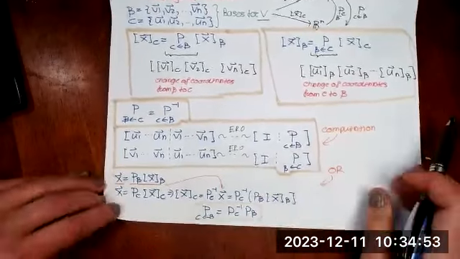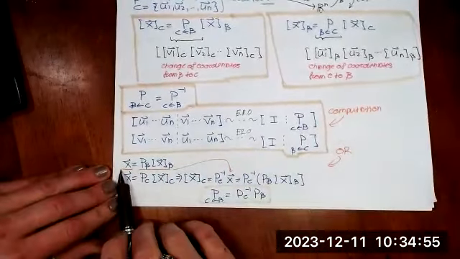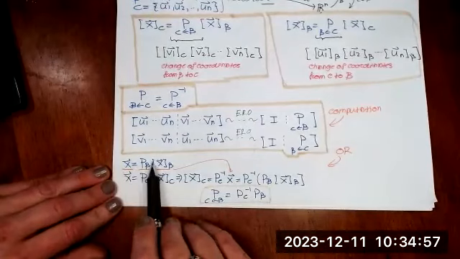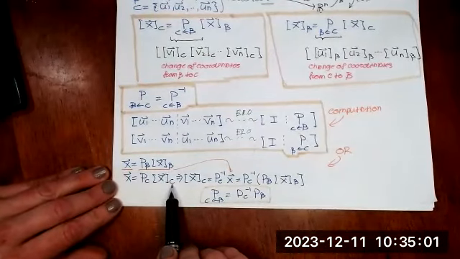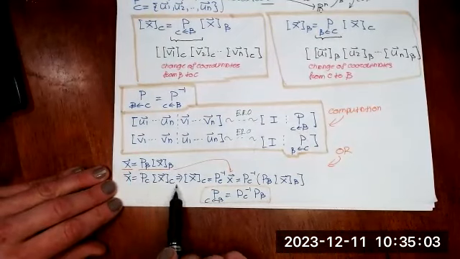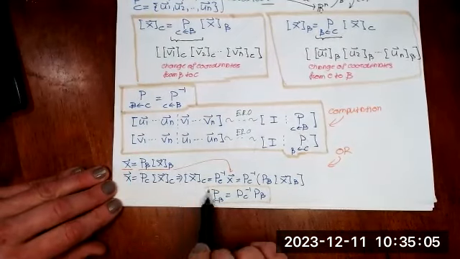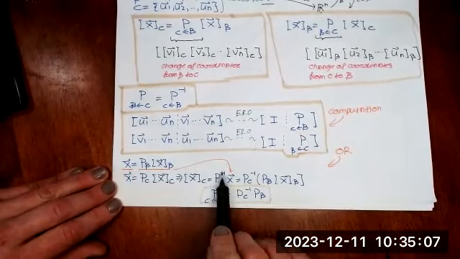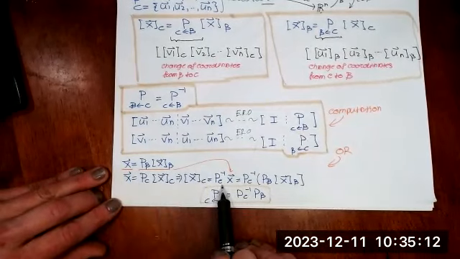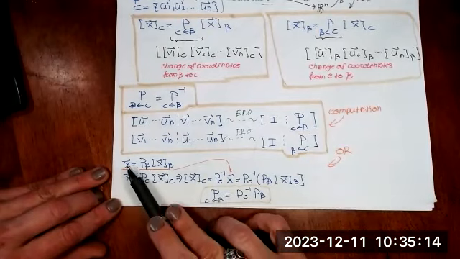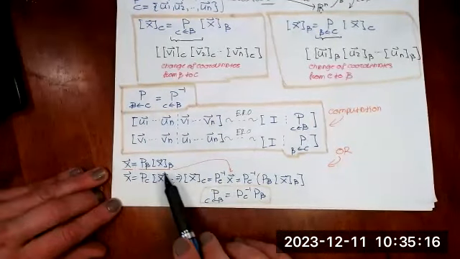But I think the most straightforward way is that you already know x is P_B x_beta, and x is P_C x_C, right? You can just rewrite one of them: x_C is P_C inverse times x. Just multiply by P_C inverse, and then plug in the second x in terms of beta.